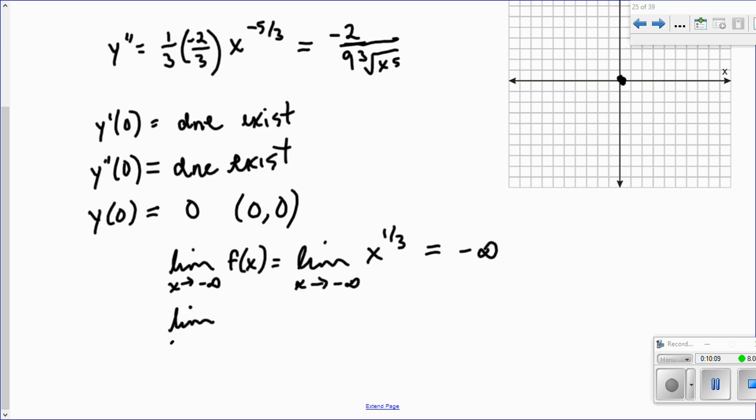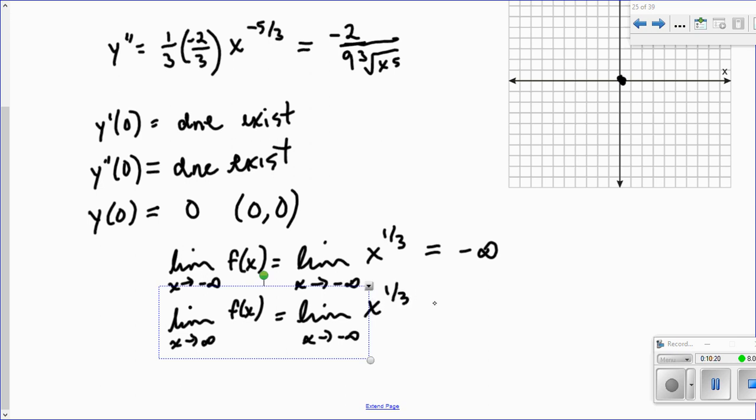And the other endpoint is evaluating the third root of a really large positive number. And again, that would be infinity. So I have this situation, and I have that situation.